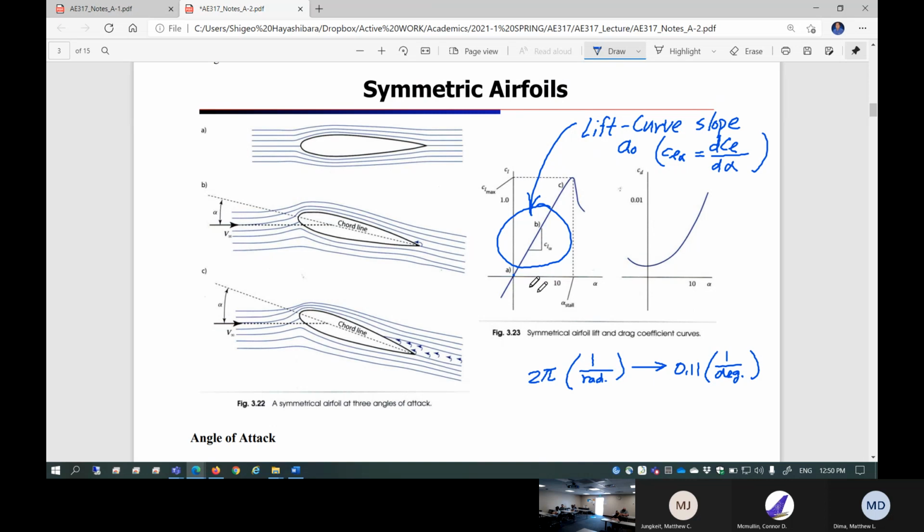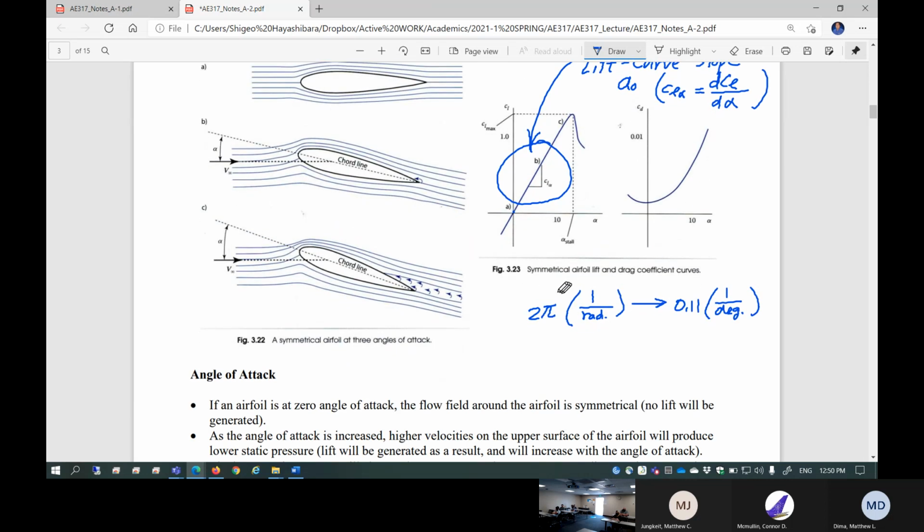Your software actually can do a very good job for that over a range of Reynolds numbers and a range of different shapes. You're going to run those to build a database of your cross sections. Your cross section, which is the airfoil, its behavior is going to make the basic character of your wing.